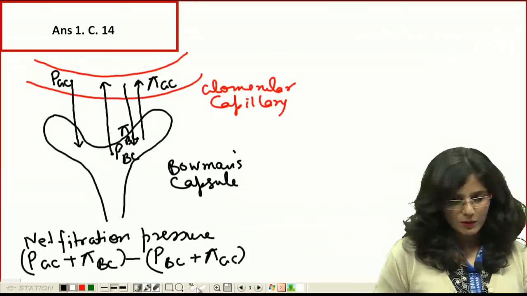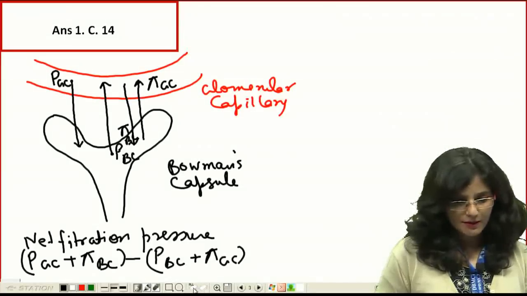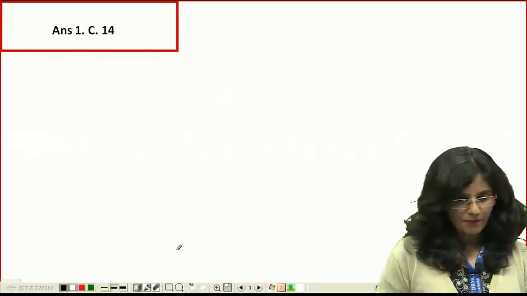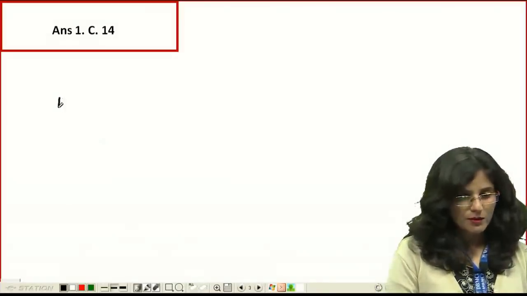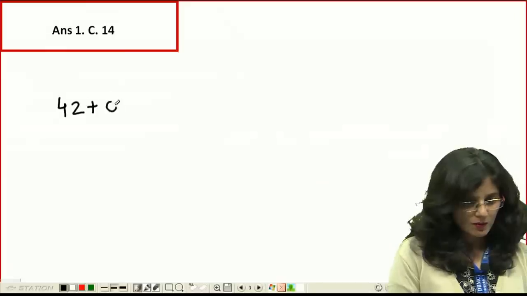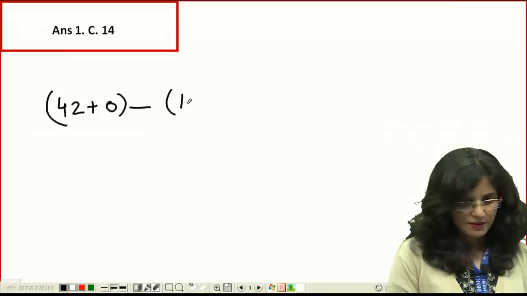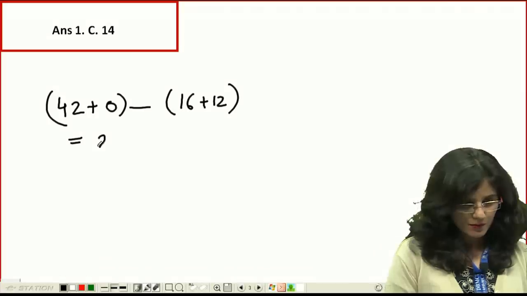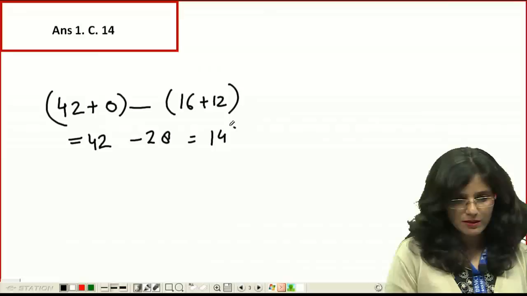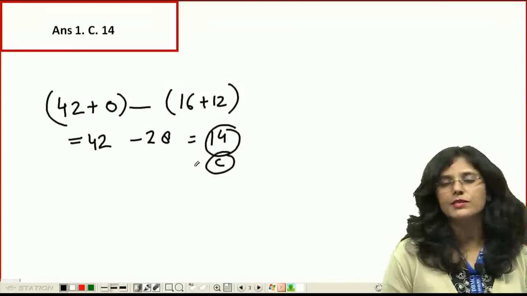Now we can put the values and calculate the force. So net filtration force equals 42 plus 0 minus 16 plus 12, equals 42 minus 28, equals 14. So the answer is C, which is 14.